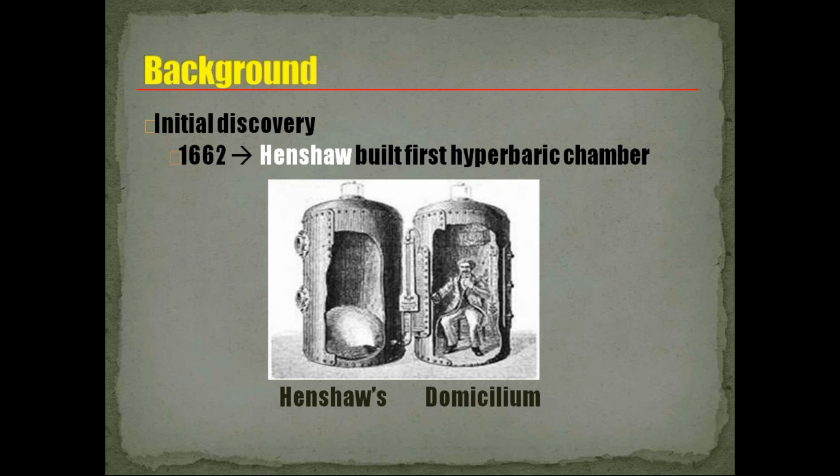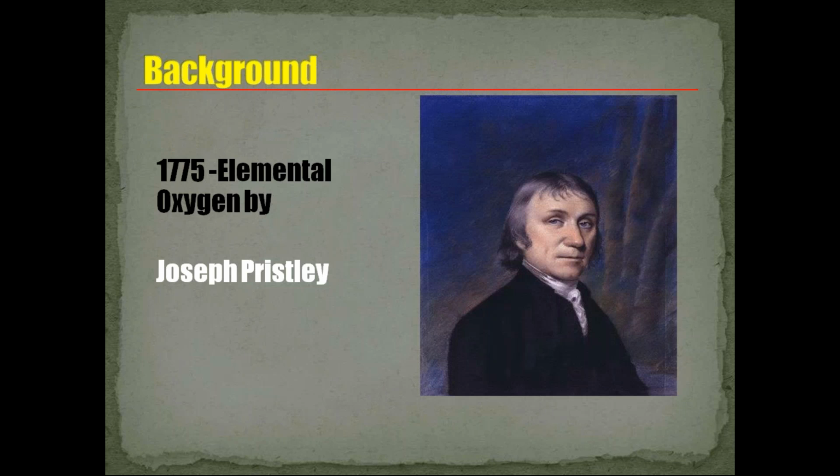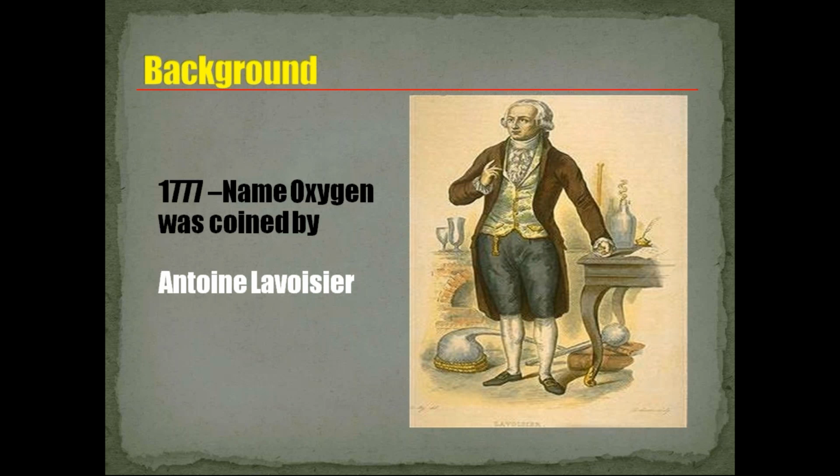Coming to the history, initially in 1662, Henshaw built the first hyperbaric chamber. Later, Joseph Priestley in 1775, elemental oxygen was used. Oxygen was coined by Antoine Lavoisier in 1777.